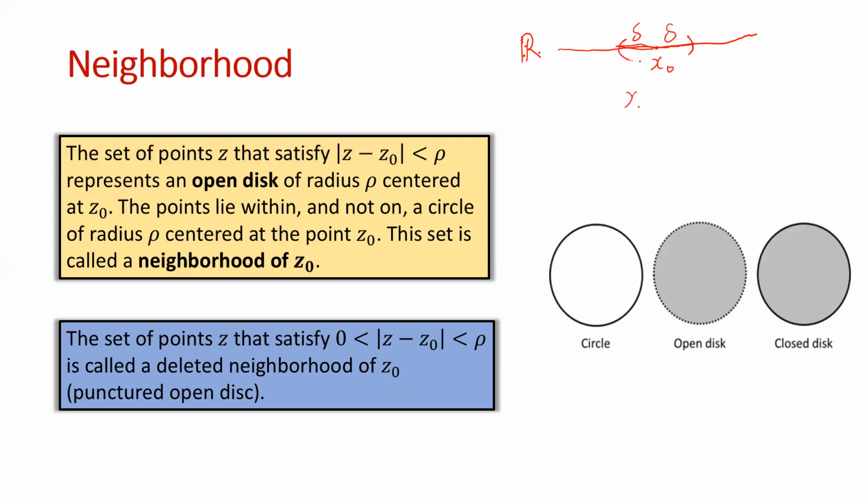So in R, the neighborhood is (x0 - delta, x0 + delta). This is an open interval. An open interval about x0 is the neighborhood of x0. And if I am dealing with R squared, then the neighborhood of the point Z0 is this open disk with center at Z0 and radius rho, that is this one.